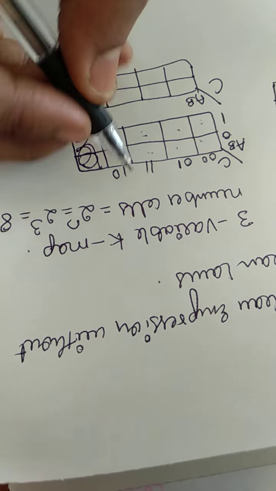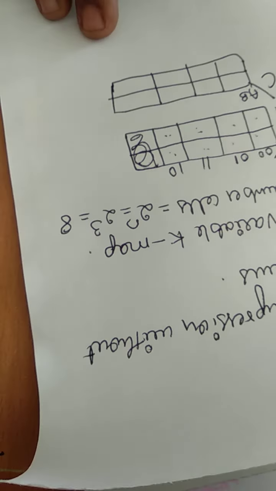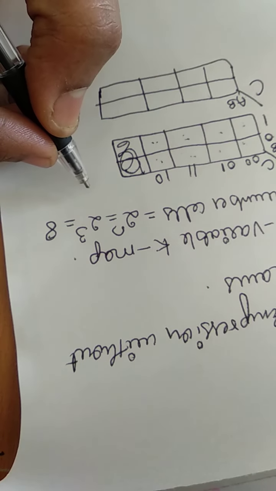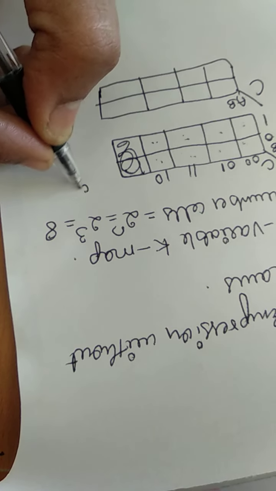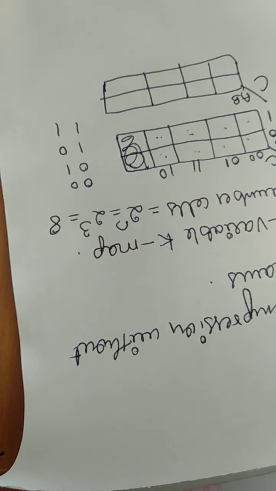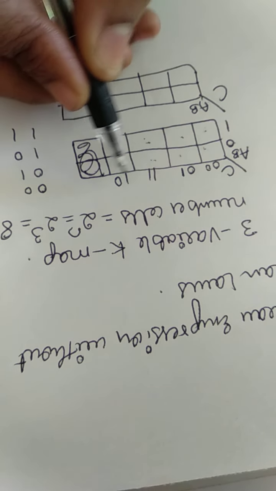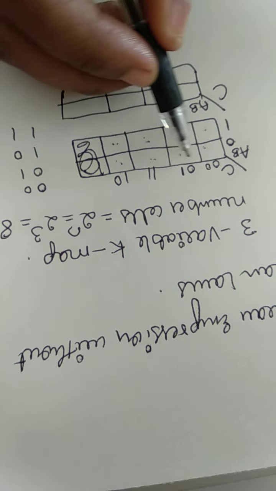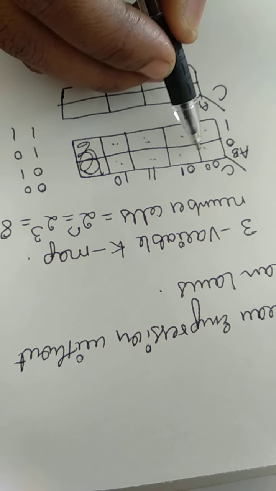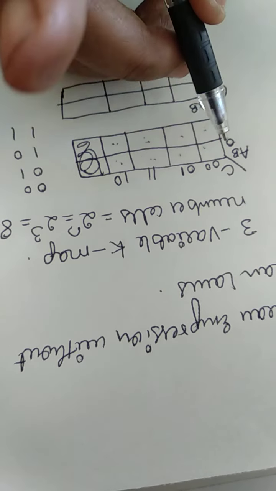So why am I writing 1 1 and then 1 0 here? Because we have seen the truth table like 0 0, 0 1, 1 0 and 1 1. But in the 3 variable K-map, I write 1 1 first, then 1 0. Because for every adjacent cell, we have to change only 1 bit.